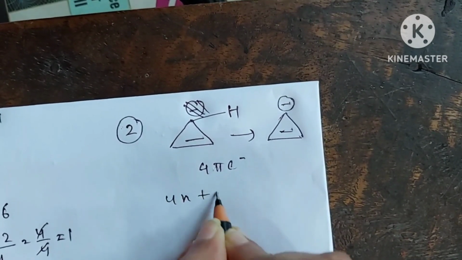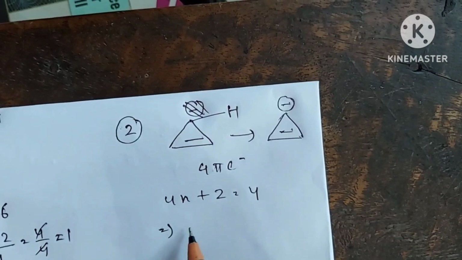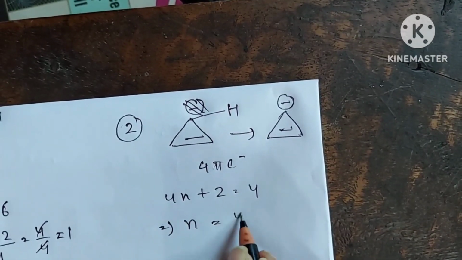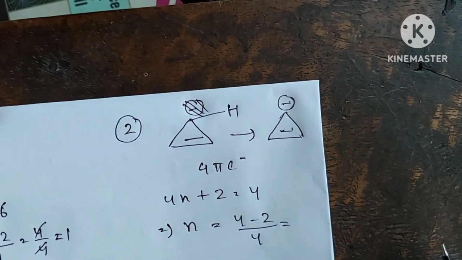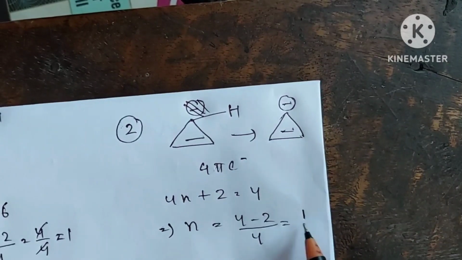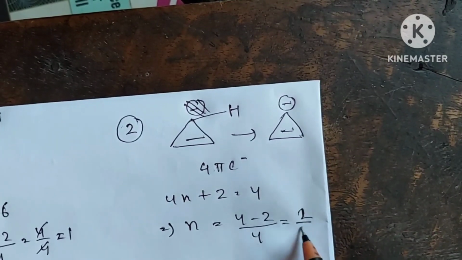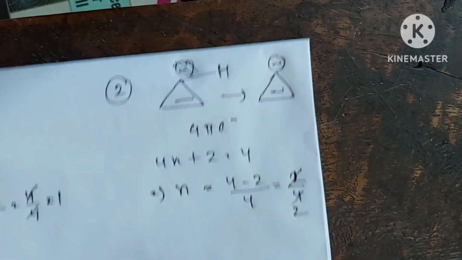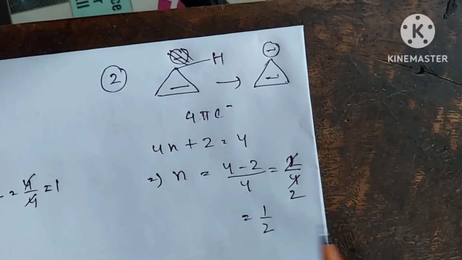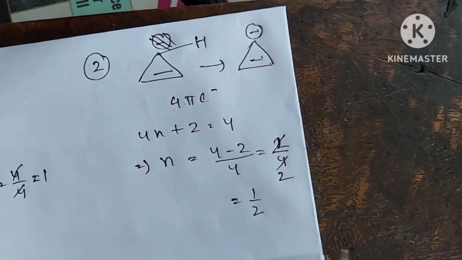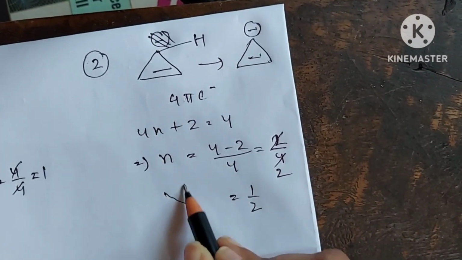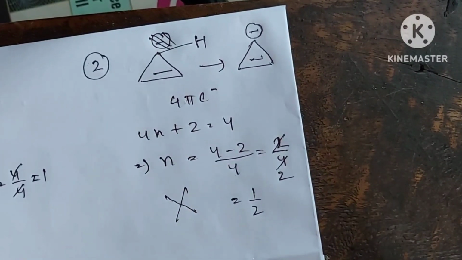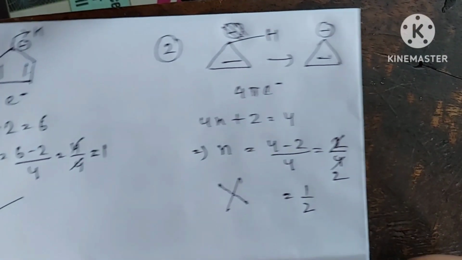Now 4n plus 2 is equal to 4. n should be a whole number, but is n a whole number here? The answer is coming half. So n is not a whole number, so here it will not show tautomerism, because it is not aromatic, it is not following the rule of aromaticity.